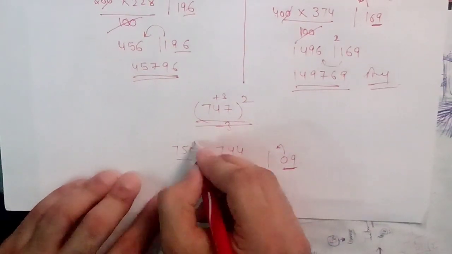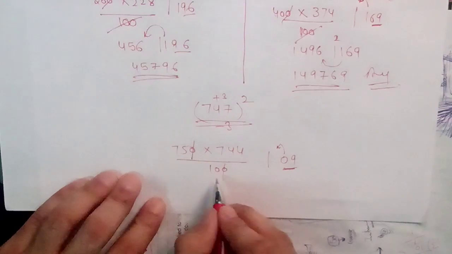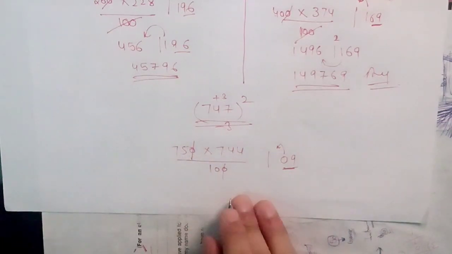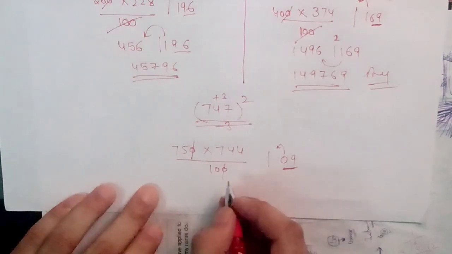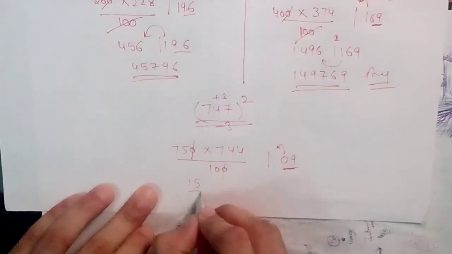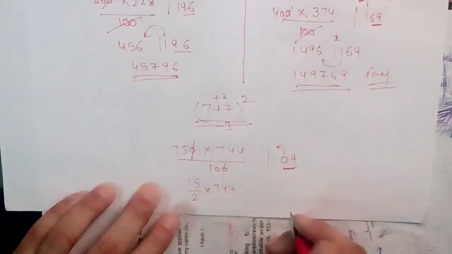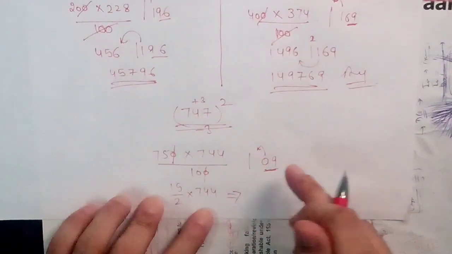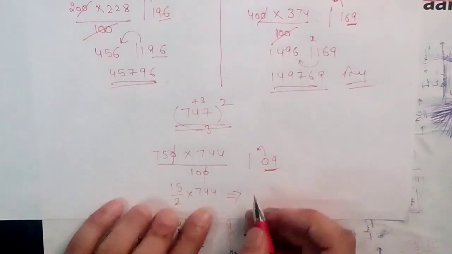Now 75 divided by 10 is 7.5, and 7.5 can be written as 15 by 2 into 744. We have to solve this, and add this 09 in the end.